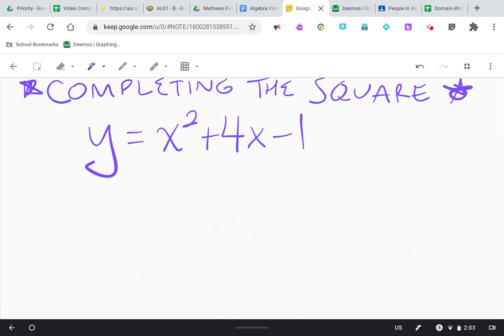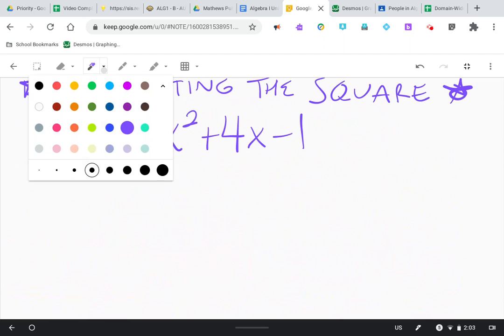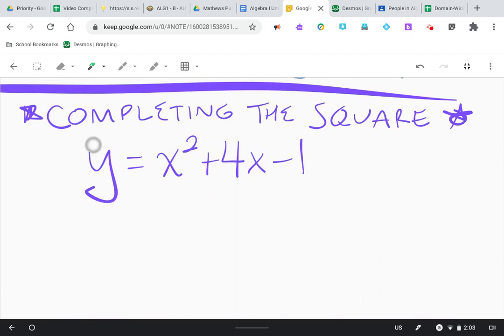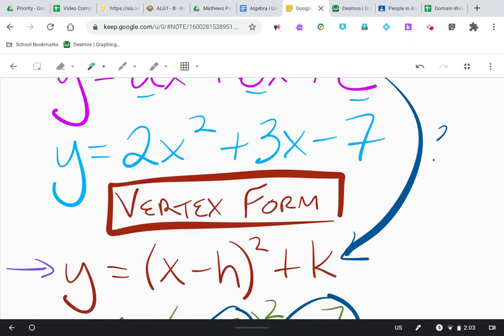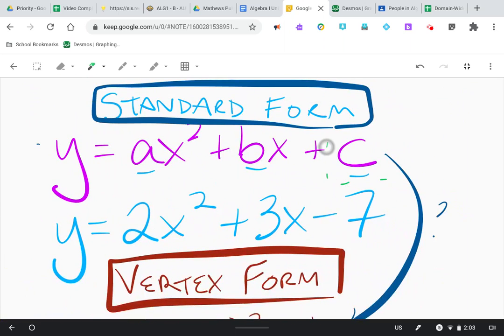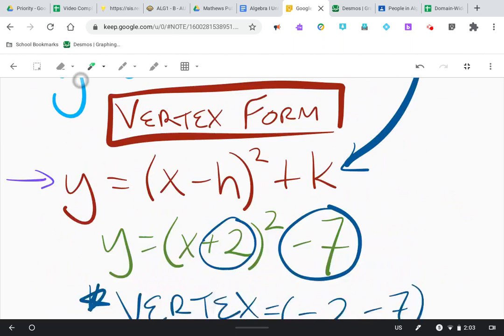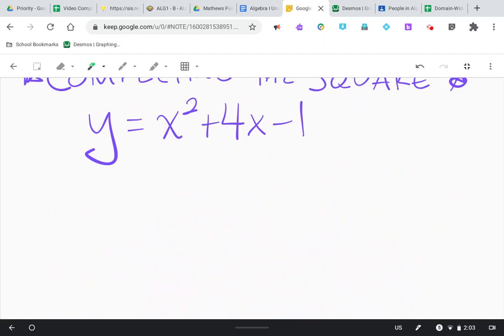First of all, we are going to do what they call transpose c. I'm going to put a step-by-step list into the notes, but step 1 is to transpose c. And c, looking at the standard form equation, is the constant term right here. So we're going to transpose that, and that just means to move it to the other side.